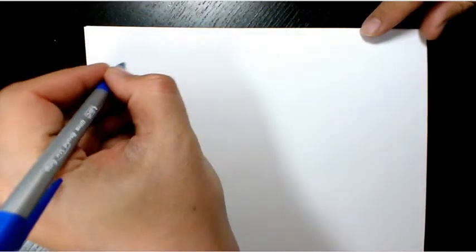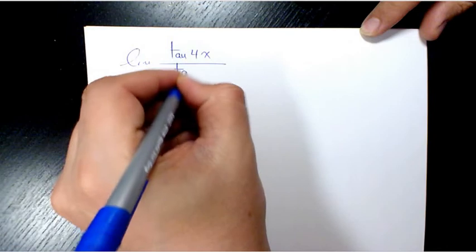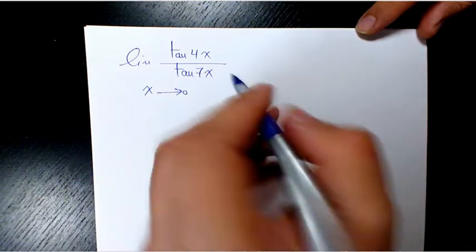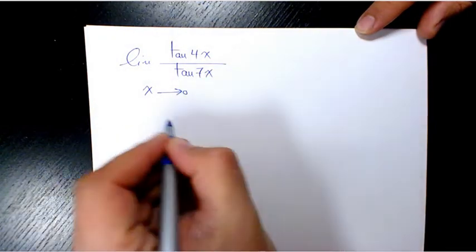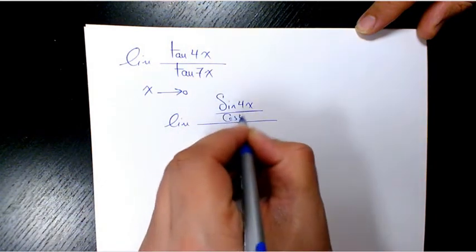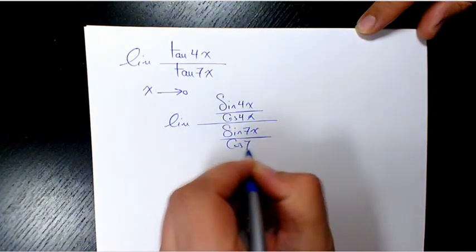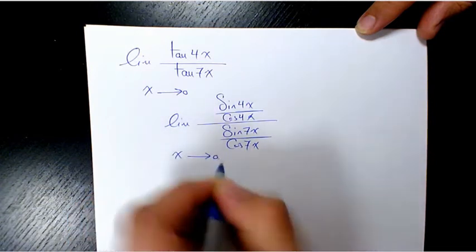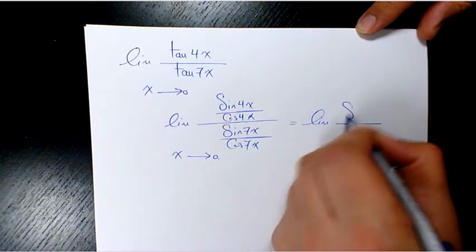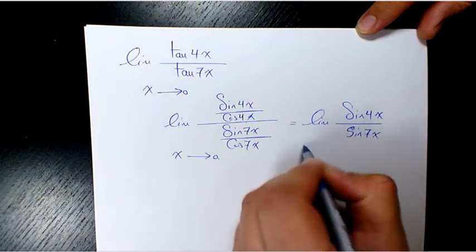Next example is limit of tan 4x over tan 7x when x is approaching 0. So you can say sine 4x over cosine 4x over sine 7x over cosine 7x when x is approaching 0. Cosine 4x and cosine 7x are going to be 1, so it's going to end up as sine 4x over sine 7x.